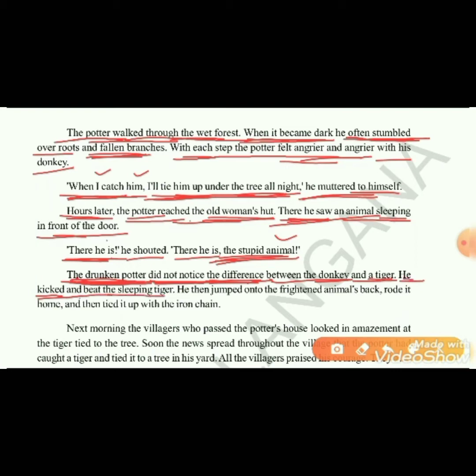What did he do when he saw the animal? He shouted, kicked, beat the animal and sat on it and rode it. This way he caught this animal and brought it to his home.